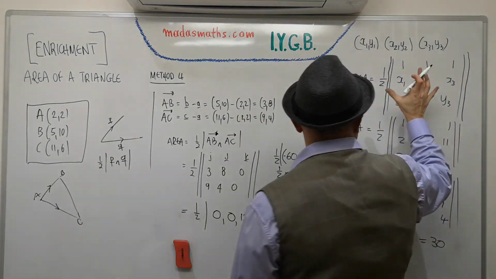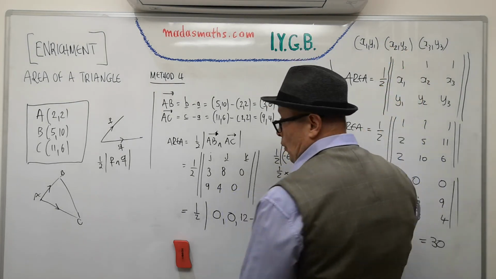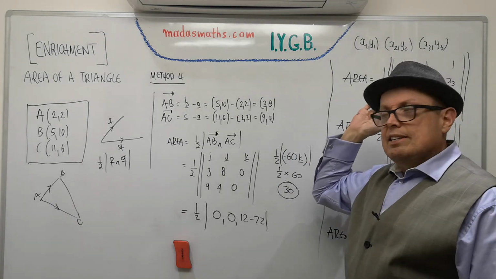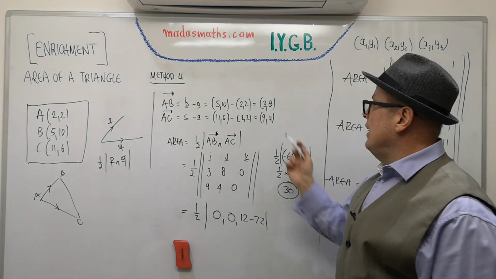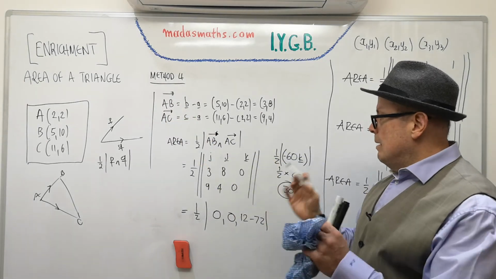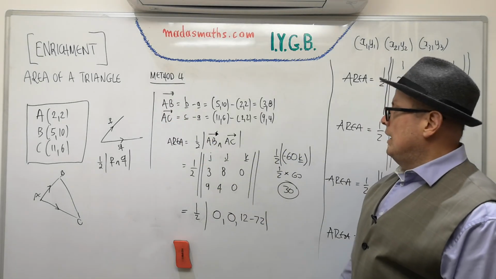You just put it into this particular determinant, and this formula only works in 2 dimensions. If you want to prove it, as a challenge, you can. It comes from here. If you just put x1, y1 and rearrange it and play around with it, you'll come up with this particular formula.